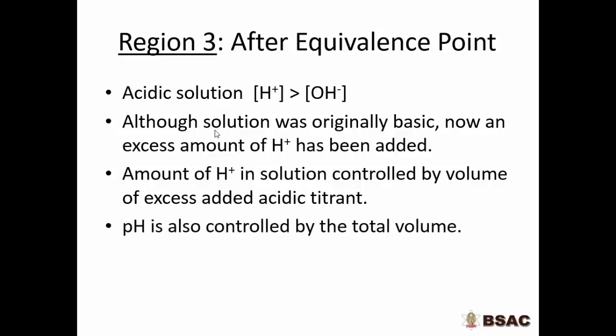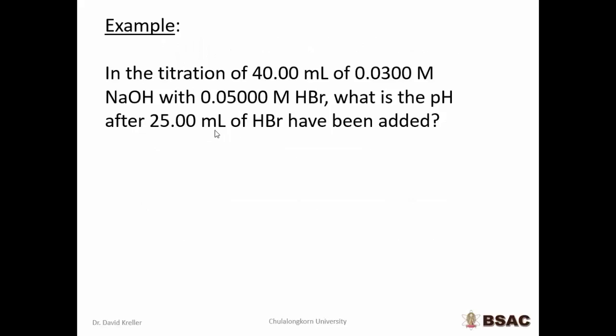And so the pH will be controlled by the total number of millimoles of hydrogen ions that we have left over, but it will also need to factor in the total volume, because the volume of this solution in which the pH is being measured just goes up and up as we add more and more of the titrant. Okay. So now we'll do a sample calculation considering the point at which we've added 25 mL of HBr.